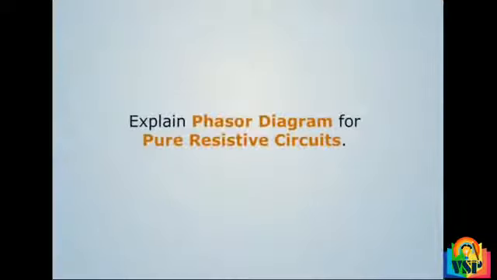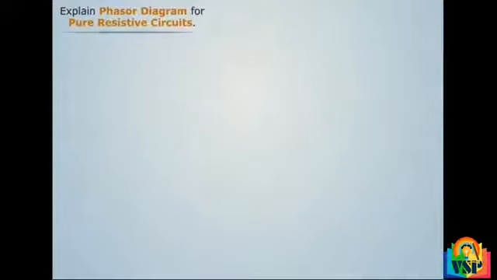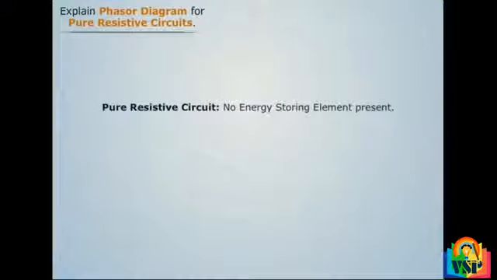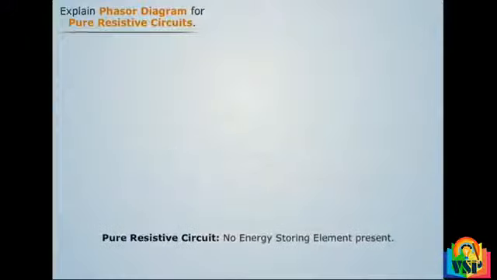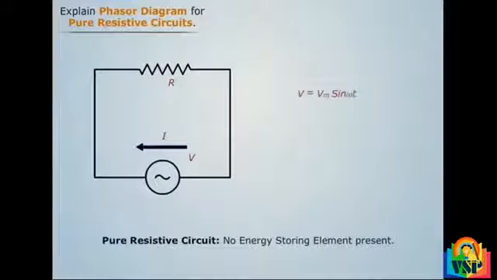Explain the phasor diagram for a pure resistive circuit. Pure resistive circuit means no energy storing element is present, only a resistor and an alternating EMF.